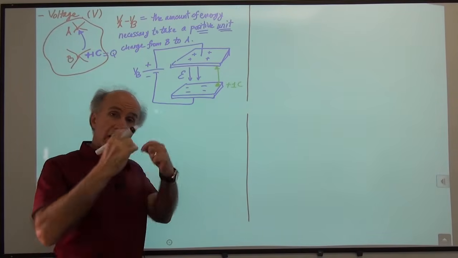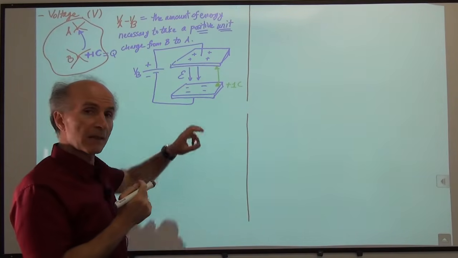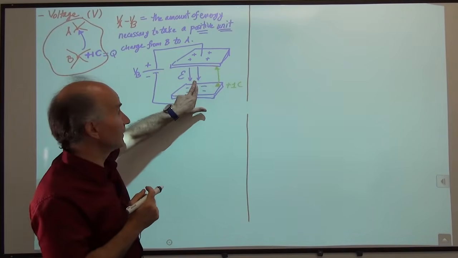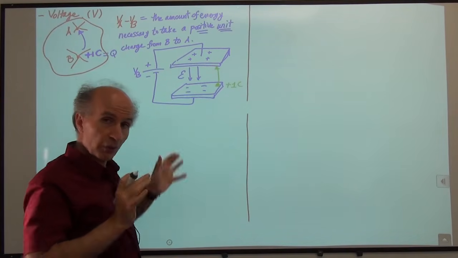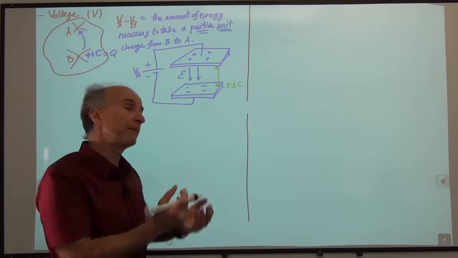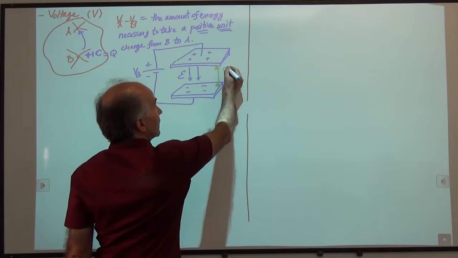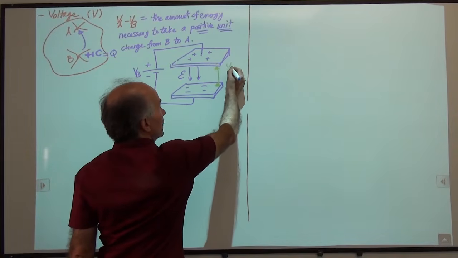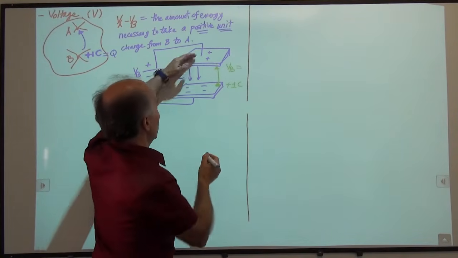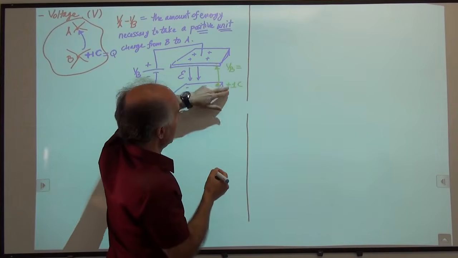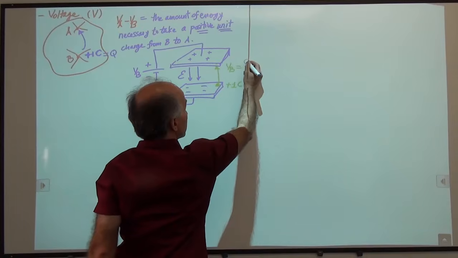Now you can see that I have to do work, because I'm pushing a positive charge against the field. It's as if I'm lifting it, so I have to push it up, and then the voltage difference, VB, between here and here will be equal to the energy necessary to bring this to the other side.